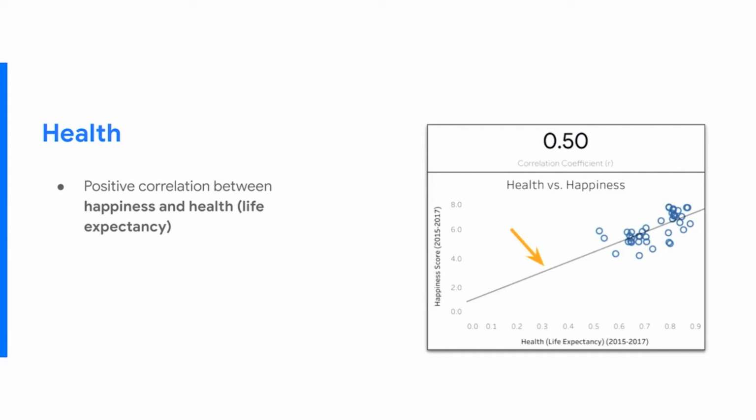So you can say something along the lines of, a correlation coefficient is a measure of strength and direction of the linear relationship between two variables. So in other words, the closer to 1 that the number is, the more positively correlated they are, meaning when one of the variables goes up, so does the other one.